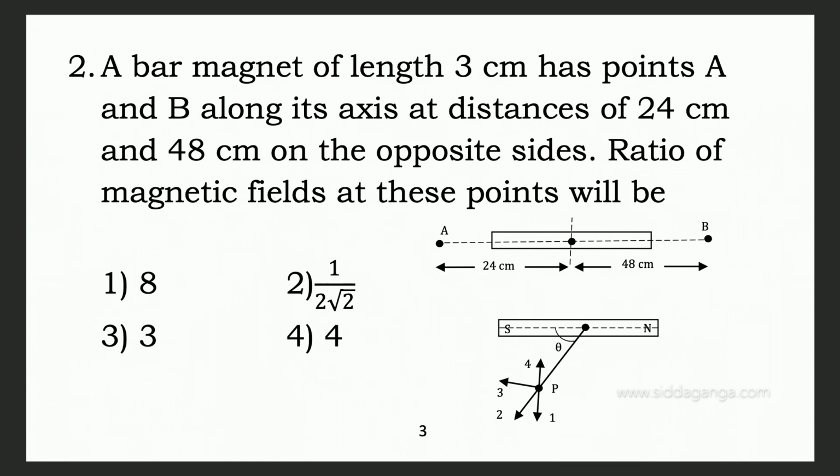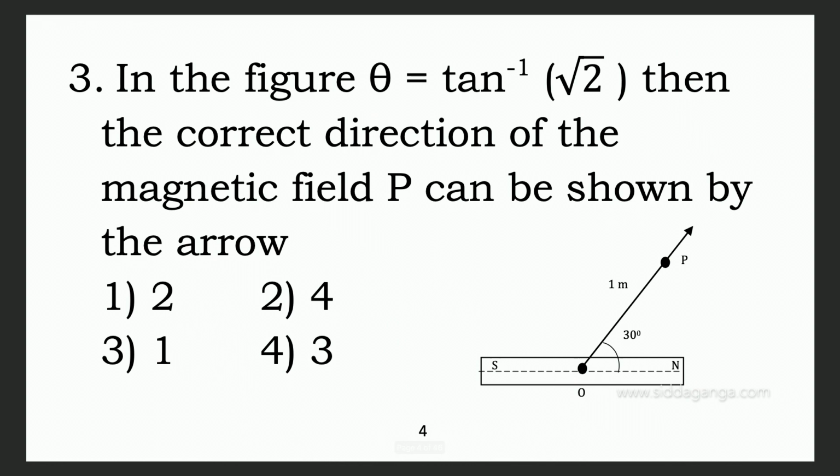And this may be the angle theta. So come to the third question. If theta equals tan inverse of root 2, then the correct direction of the magnetic field at P can be shown by the arrow.